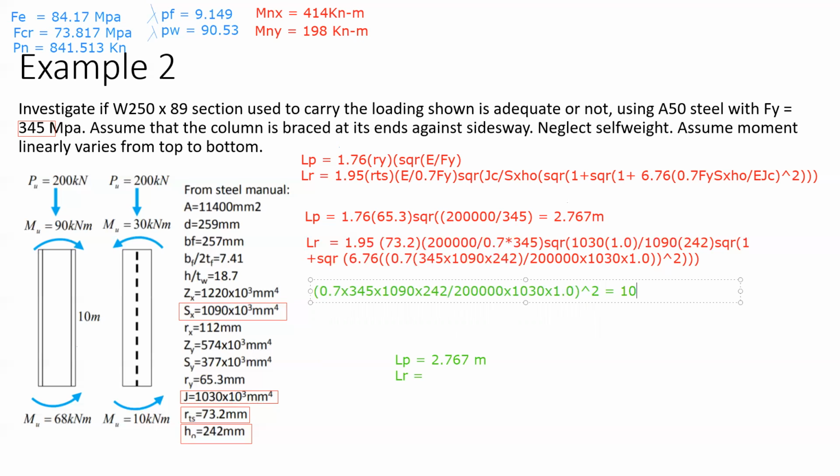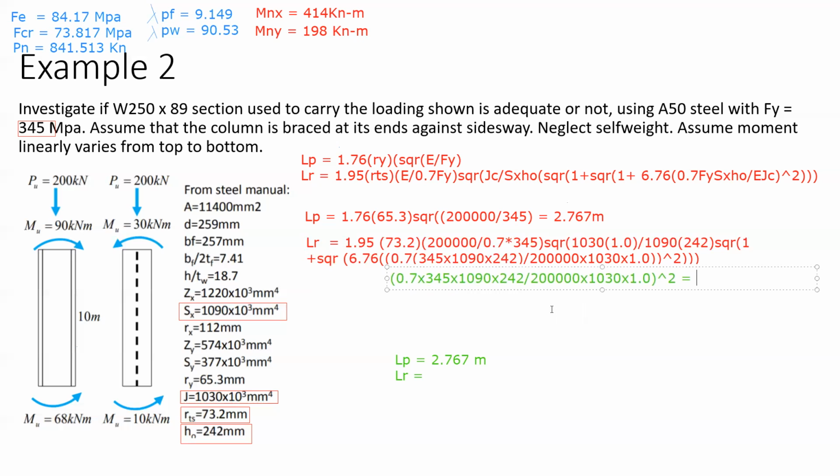Wait lang po. Bali po, 0.09. Okay. So this value, i-multiply na natin to dito sa 6.76. So ilan siya?